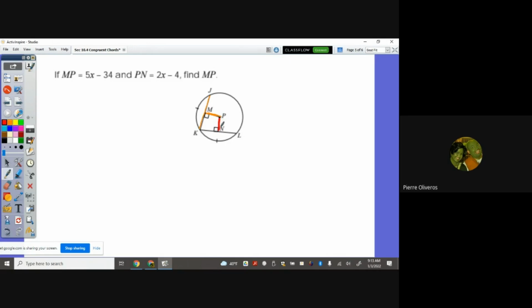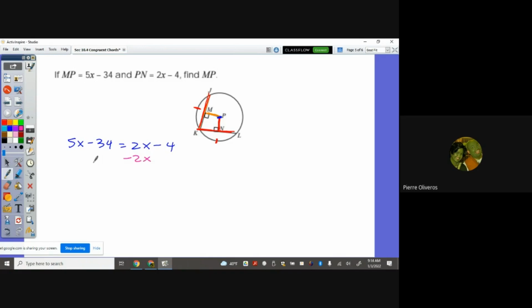Since these chords are congruent, MP and PN must be equidistant to the center P. So they have to be equal. 5x minus 34 is equal to 2x minus 4.